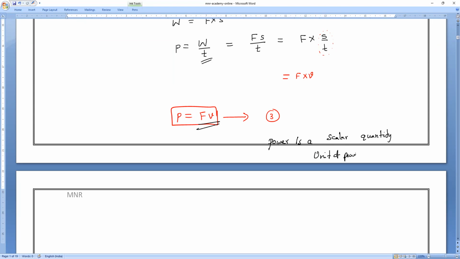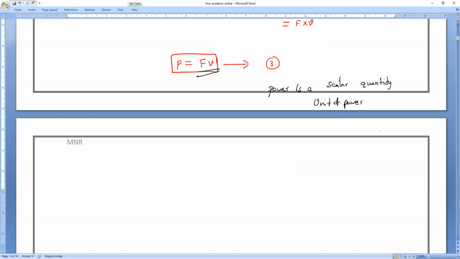And the unit of power, let us discuss now. What is the unit of power? As I told you, what is the unit of power? Watt. Okay, right. Unit of power is equal to joule per second. So please write this.